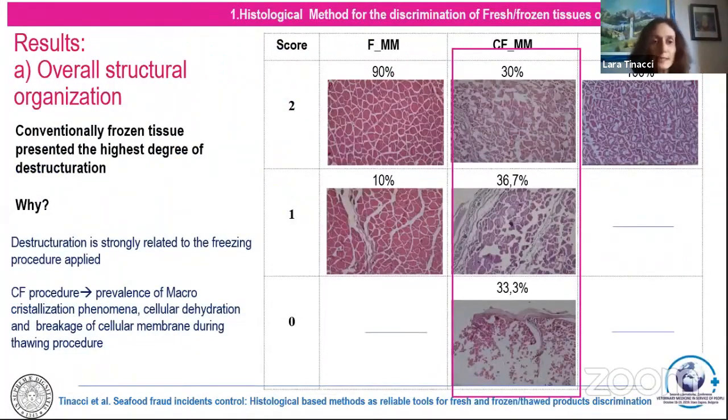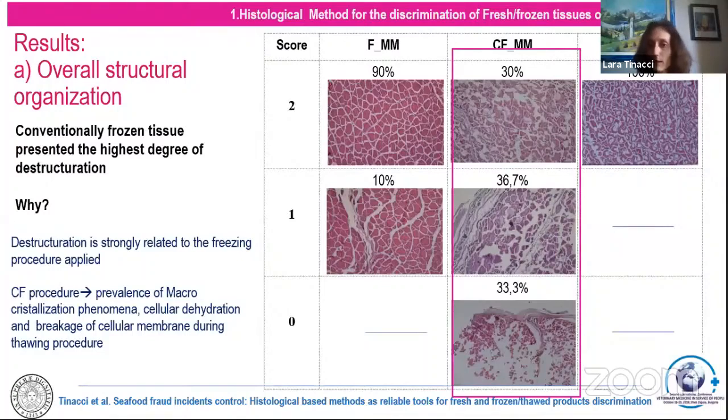Passing briefly to the results, first of all, the overall structure organization was significantly affected by the application of the freezing procedure. And it was noticed that the conventional freezing, so the domestic one, led to the highest degree of destructuration.